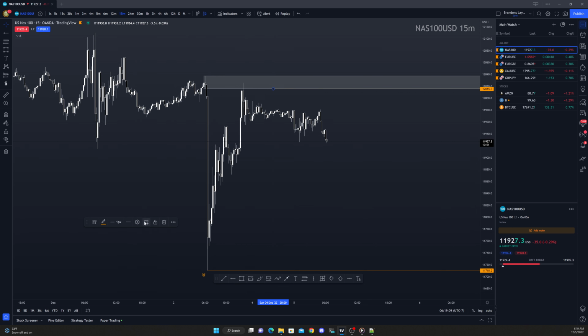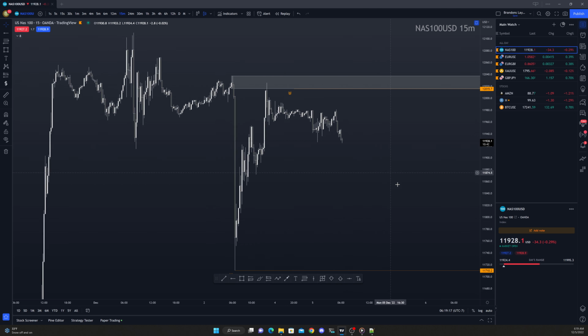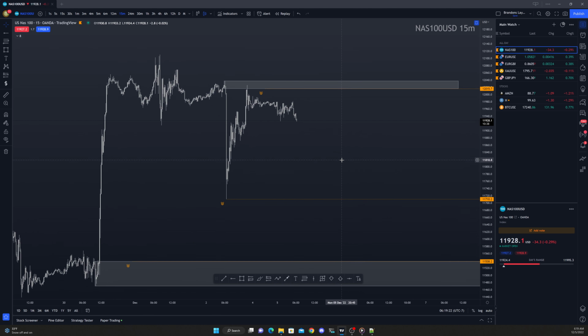We'll look to confirm on a lower time frame, since we're day trading. Supply zone sounds good. I think we pretty much have a nice little bias price. So if it comes out here and breaks down, then we'll look for a retest.